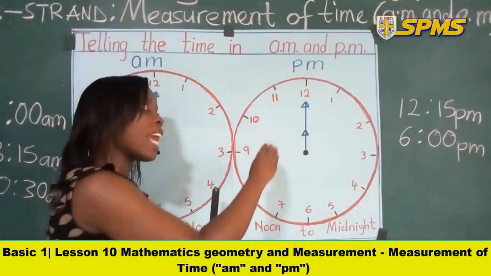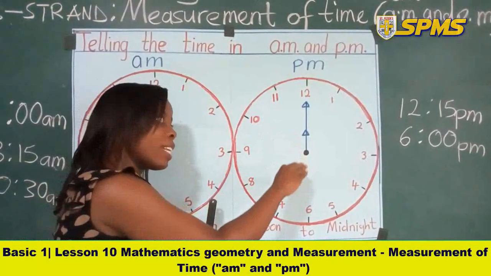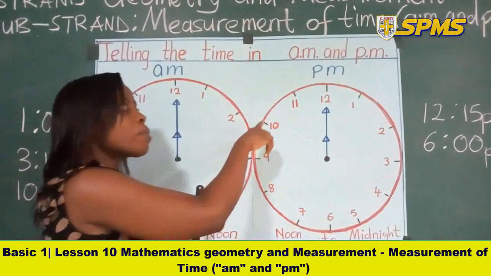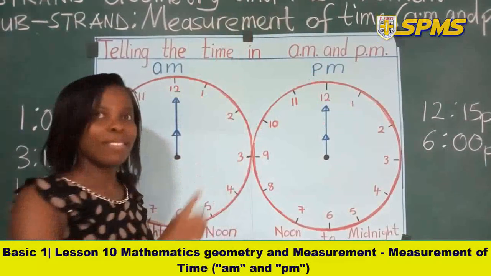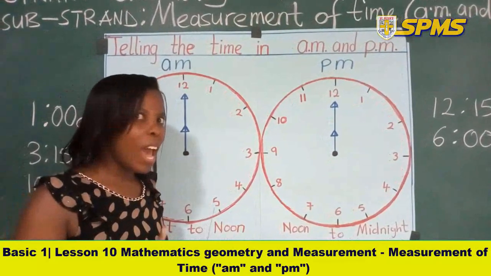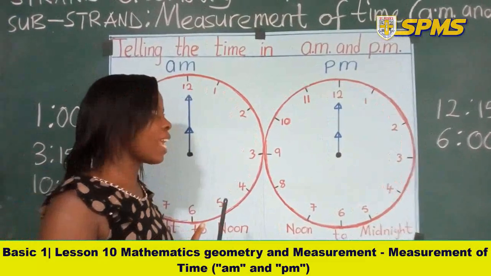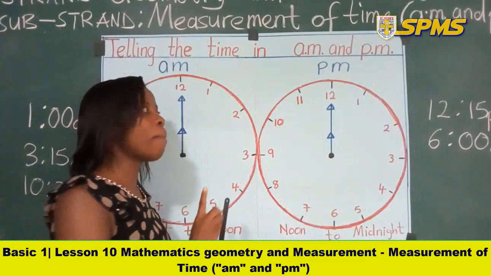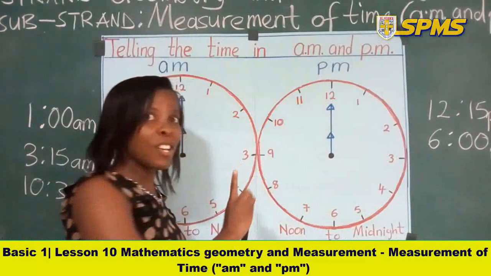So the minute hand and the hour hand keep moving, go round, and come back to 12 again. And what time will you say it is by then? We are coming back to midnight.